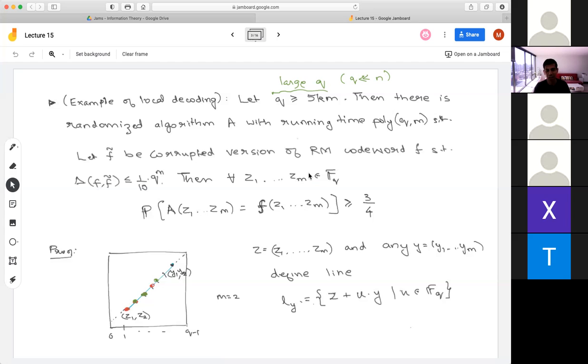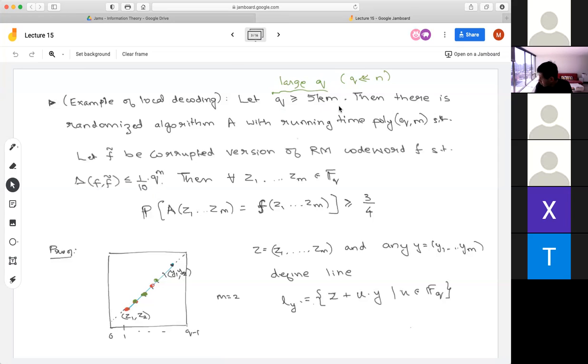Okay, so let's look at this regime where we have moderately large Q. An example of a theorem I want to consider is: let's say Q is sufficiently large, still much, much smaller than the block length. Then my claim is that if you have 10% corruption, so you have a code word F, or all the evaluations of F, corrupted in about 1/10 of the places, and you get F tilde.